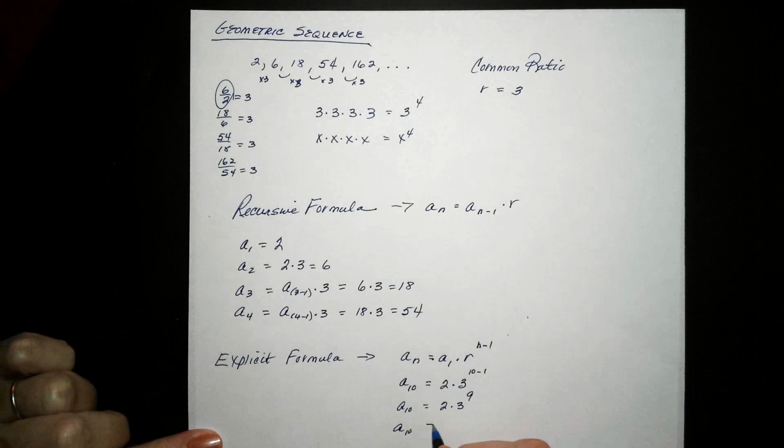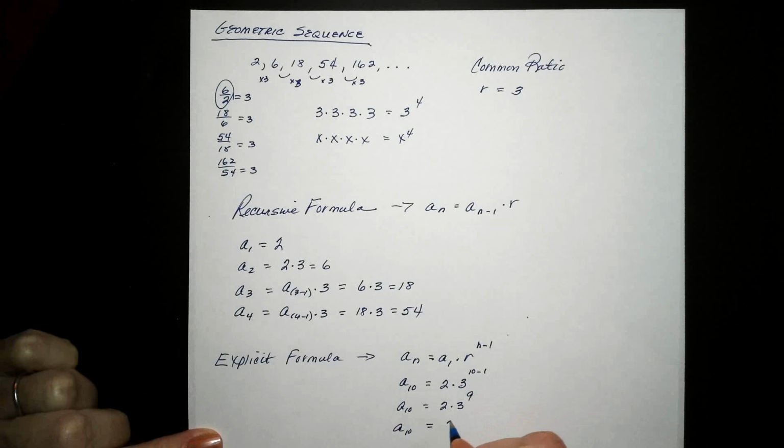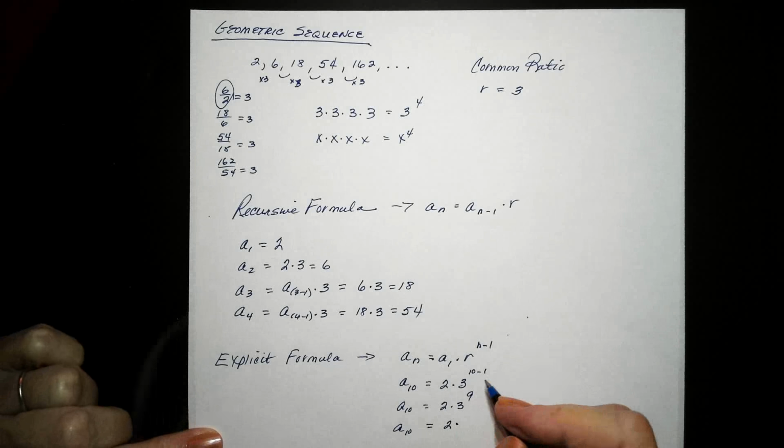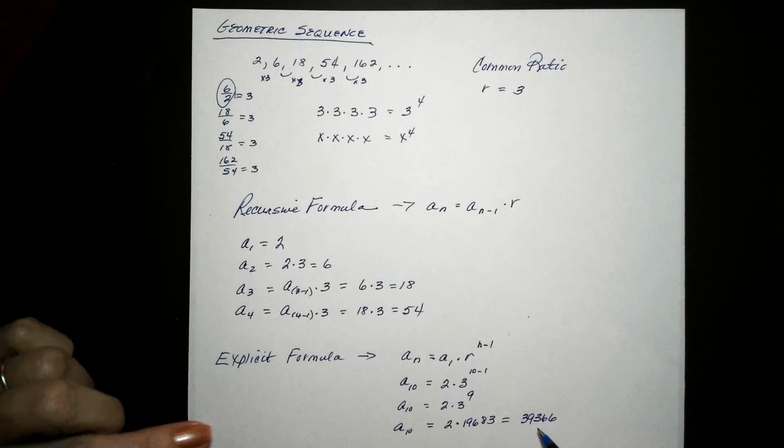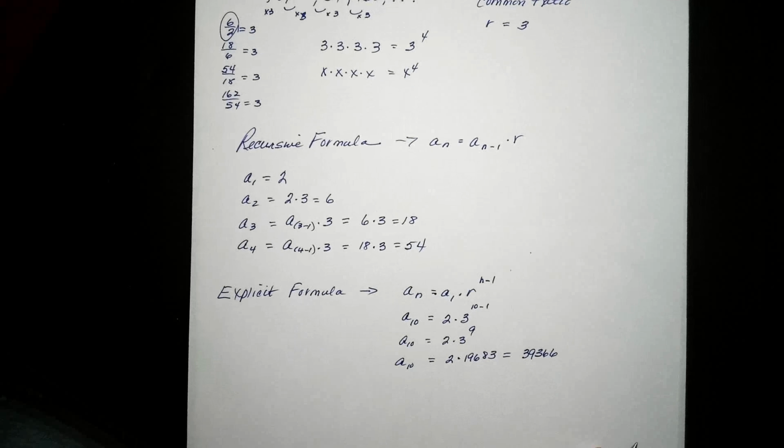So A10 would become 2 times 19,683, which would be 39,366. So my 10th term then is 39,366.